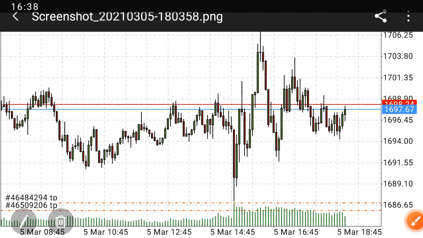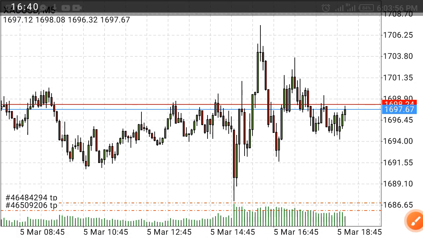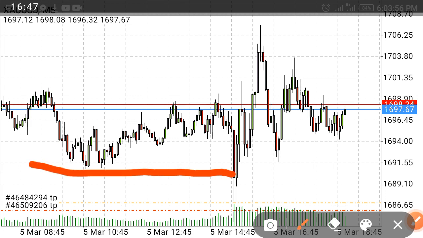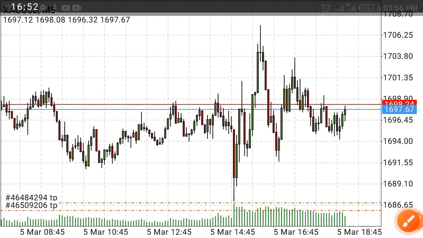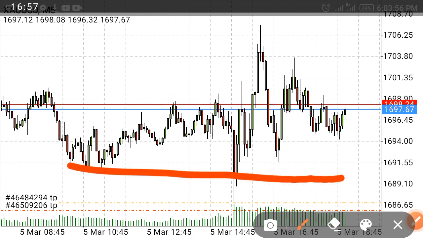Can you see it? Discover that price was reacting here. So that place can be used as a support. Then when it got to this place, it didn't come down again. It started moving in an upward manner.